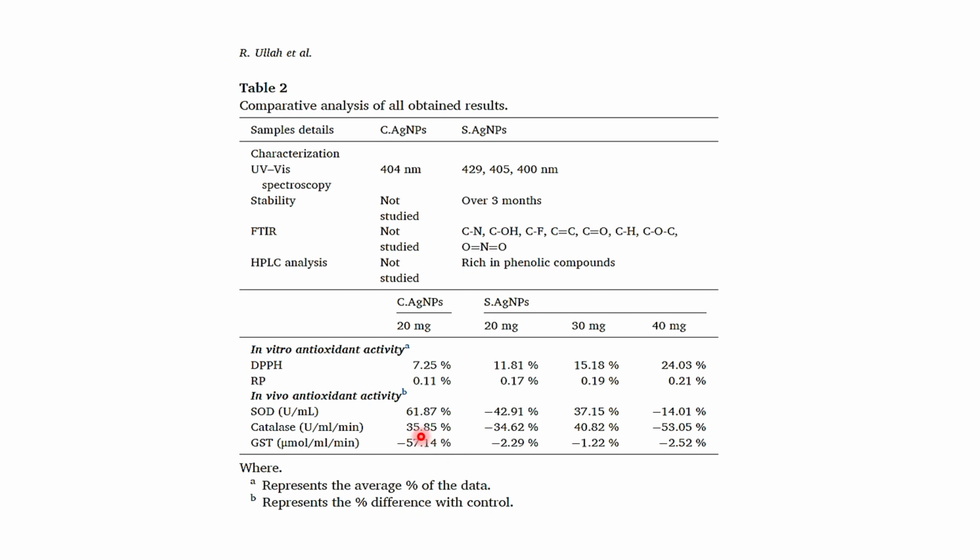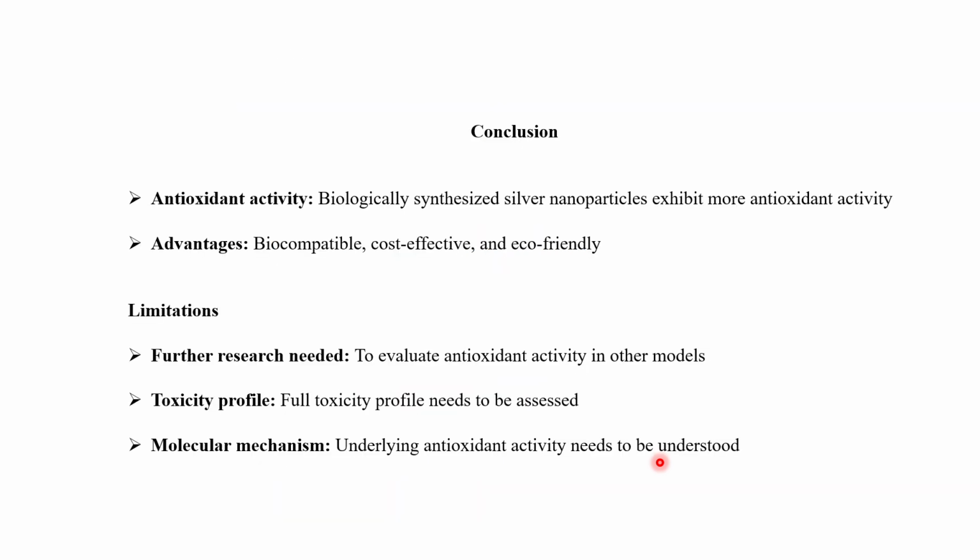For catalase, it was increased 35%, then decreased 34%, then increased 40%, and then decreased 53%. For GST activity, it was decreased by 57%, and there was a decrease for 20 milligram of SAgNP of minus 2%, meaning it was decreased 2%, and a decrease of 1% for 20 milligram, and a decrease of 2% for 40 milligram.